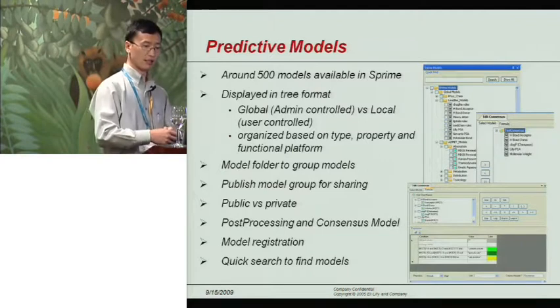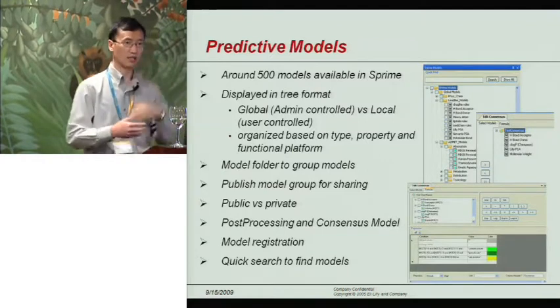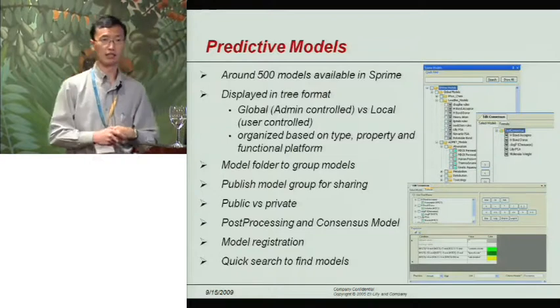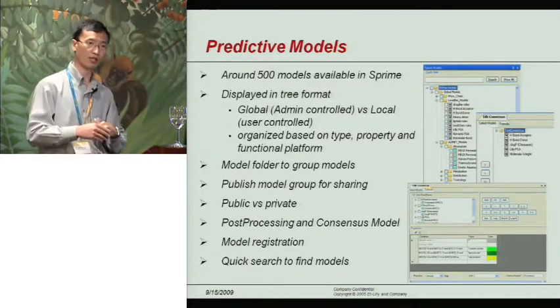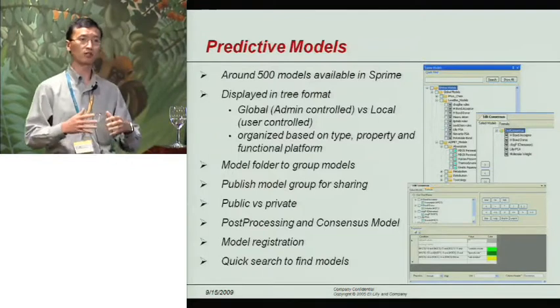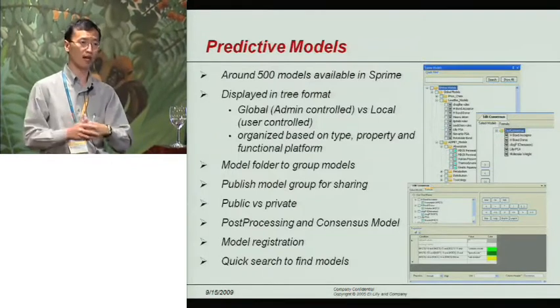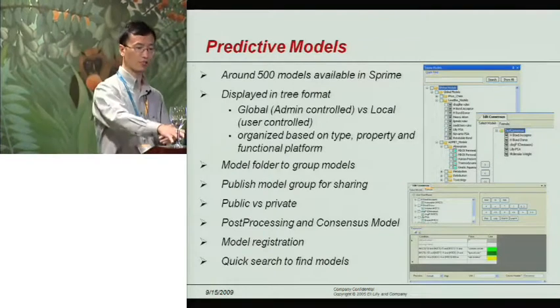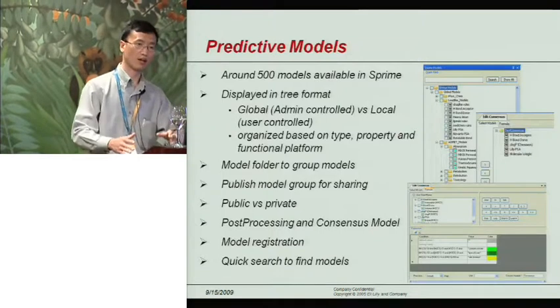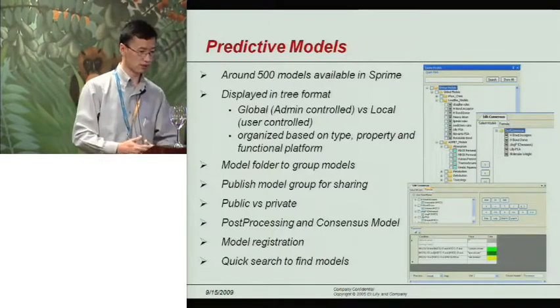And another one is a consensus model. If you use multiple models, like when you deal with metabolism, we have a human model, we have a mouse, we have a rat, we have a monkey. So sometimes you want to get some consensus between different models. This engine can be used to define that kind of consensus, and when you run this model, it automatically generates a consensus for you.